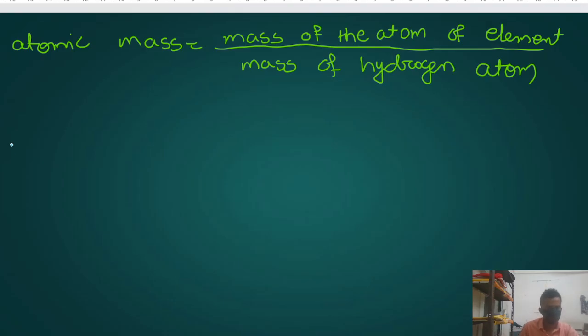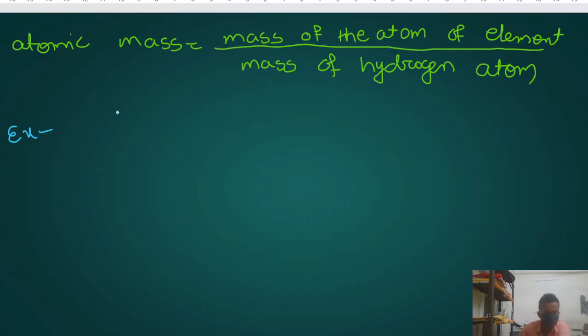Let's take an example. Let's suppose we have to calculate the atomic mass of oxygen. We know already that for calculating the atomic mass of oxygen, we have to know the mass of one atom of oxygen.